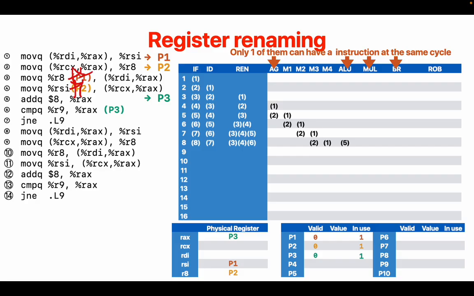So, but how about instruction 4? Can I put instruction 4 into execution next cycle? Instruction 4 is depending on P1. At the next cycle, am I able to have P1 being ready?